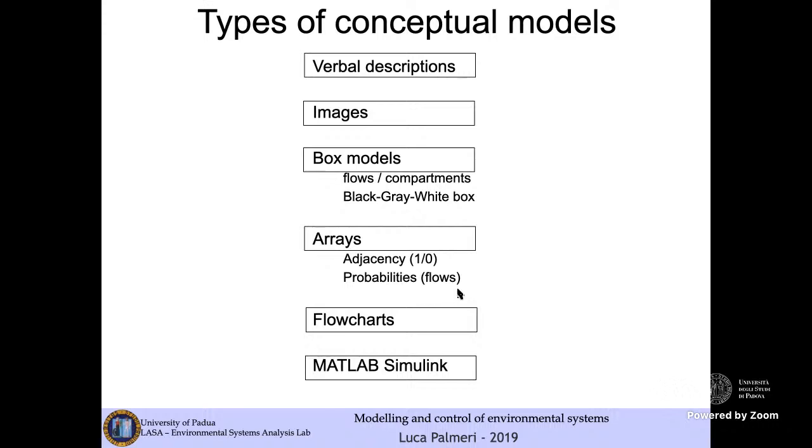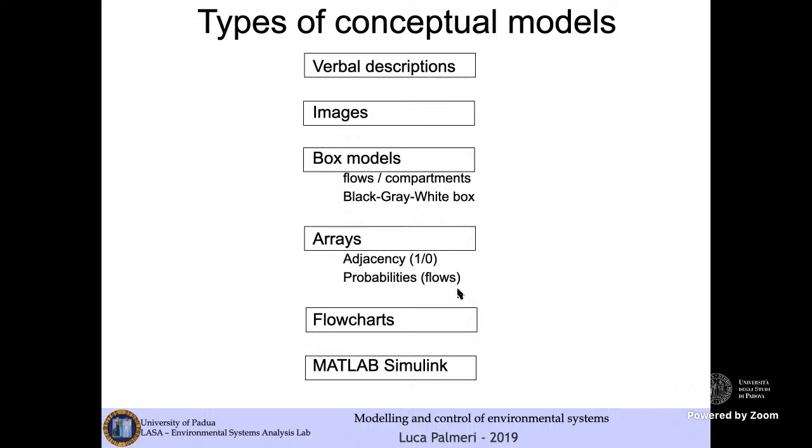That is a proxy describing the process of algal growth. When I do this kind of conceptualization, as I told you, we start by drawing boxes. The boxes identify, for example, state variables. And then I start drawing arrows, describing interactions between state variables.